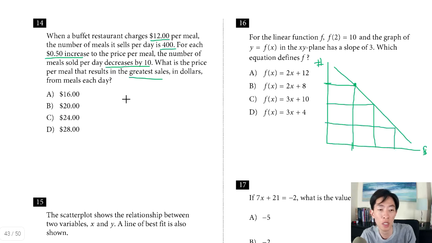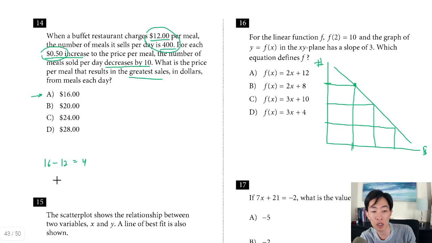And so what I realized is that the easier way to do this problem is basically just test out the answers. So let's consider choice A when you're selling it for $16, and we're going to calculate the number of meals sold when the price is $16. Well, we know our reference point is at $12 we sell 400, and each time we increase by 50 cents, the number of meals goes down by 10. So going from $12 to $16, this is the math, you can probably do it in your head, we've actually increased the price by $4.